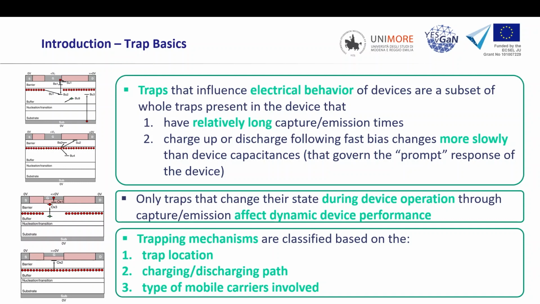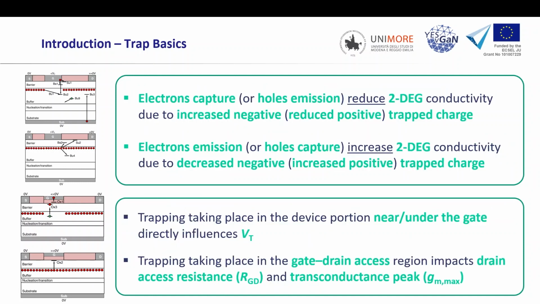To understand a little better the trapping mechanisms, it's common to classify traps based on their location, how they charge and discharge, and the type of mobile carriers involved, either electrons or holes. If you are capturing electrons, you will reduce the 2DEG, so your conductivity will be less.